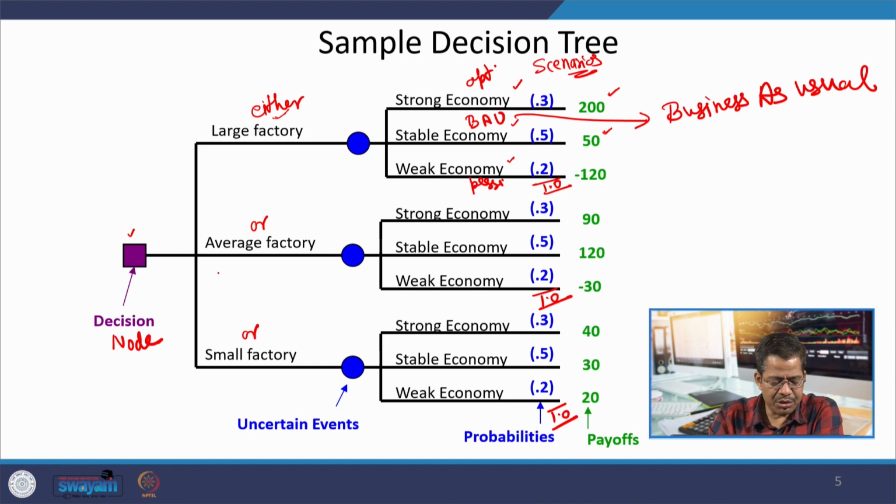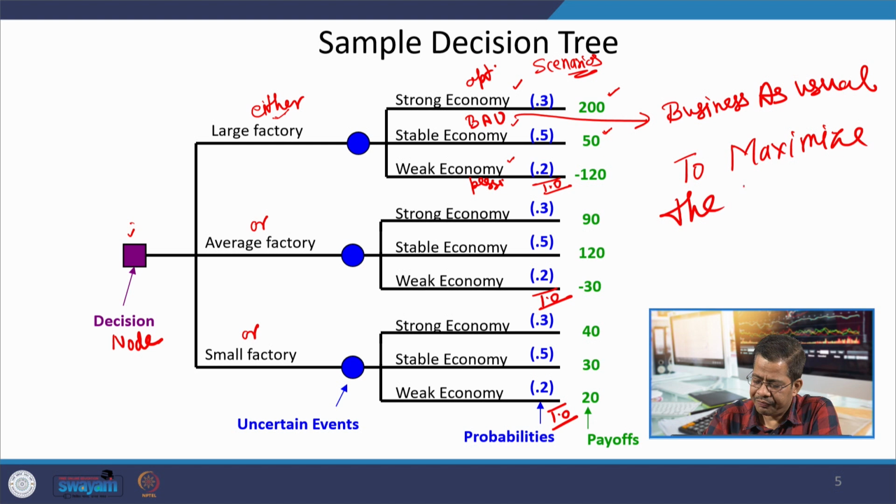So, you have understood the decision node, these are the alternative decisions and these are the alternative situations, scenarios, and in the bracket are their associated probabilities, and then these are the possible payoffs for all these decisions in a particular scenario. Now, my objective here is to maximize the payoff.